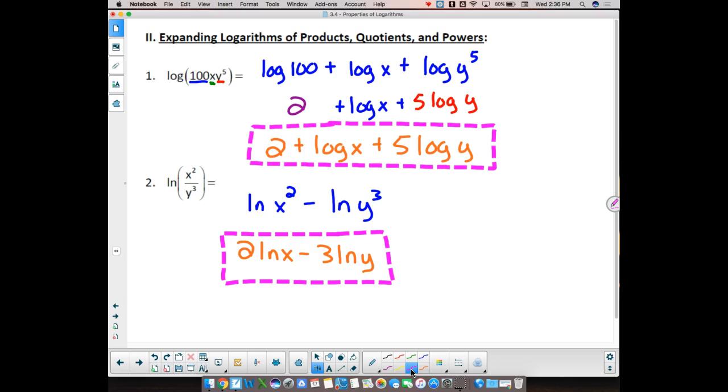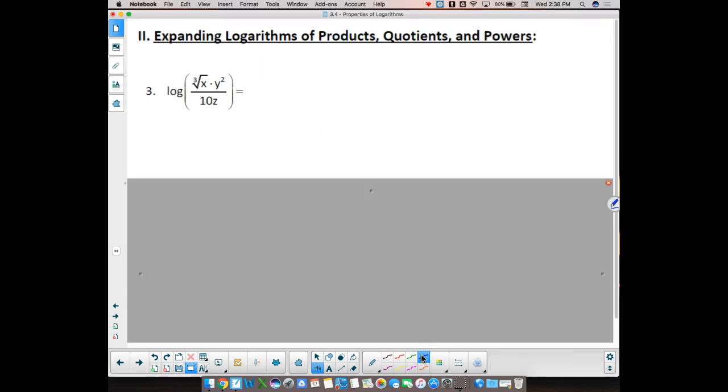Okay? You try numbers 3 and 4. So this would be log of the cube root of x plus log of y squared minus log of 10z.